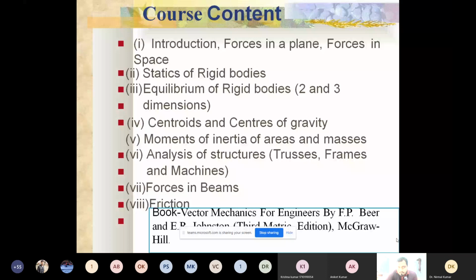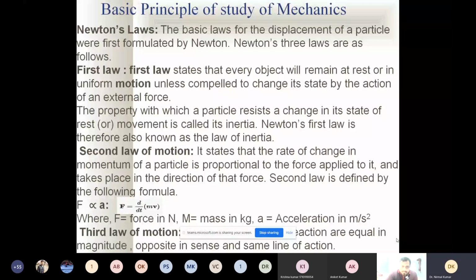Now, what are the basic principles on which a study of mechanics is based? यह सारे बात हमने कहा कि मैथमेटिक्स का जो नॉलेज है और फिजिक्स में जो नॉलेज गेन किए हैं, that will be applied here for a study of mechanics. तो आप देखिए, there are 6 fundamental principles on which mechanics study is based. और सारे चीज हमने +2 में पढ़ लिया, सारे चीज.